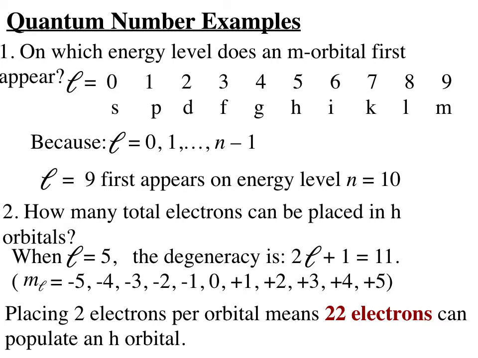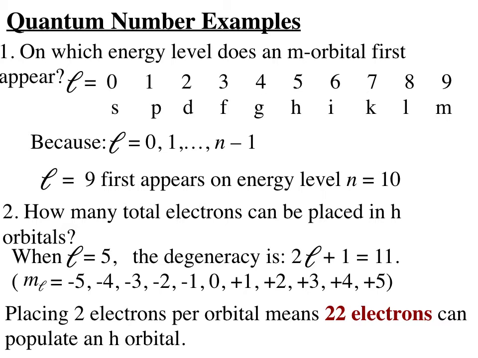So to find the degeneracy of the h orbital, we take the fact that L equals 5 for an h orbital, then we turn to m sub L for the number of orbitals that corresponds to. Or we could use the rule that the degeneracy of any orbital is 2 times script L plus 1. With L equal to 5, 2 times 5 plus 1 is equal to 11.